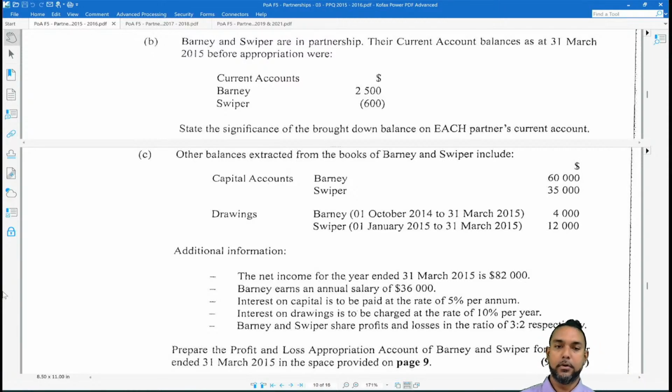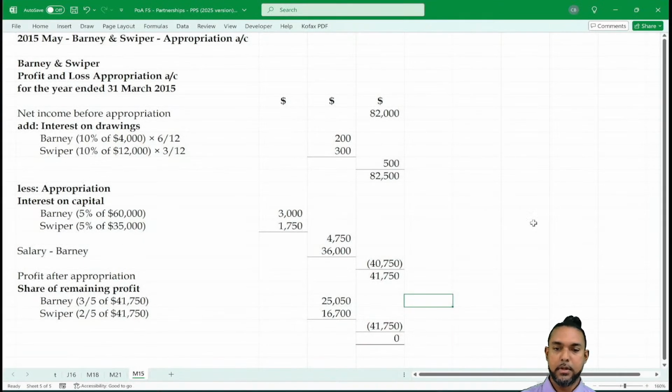The information for Barney and Swiper. Now let's send you the appropriation account. Okay, give me one second.